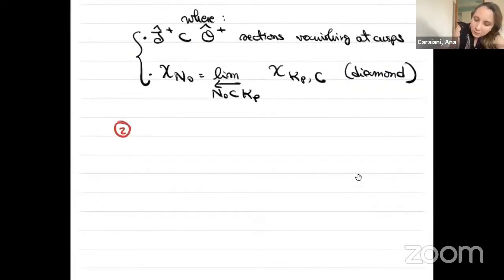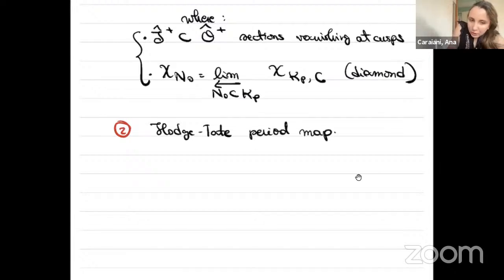you use the Hodge-Tate period map for the compactified modular curve.